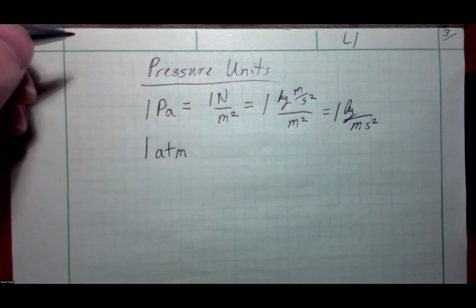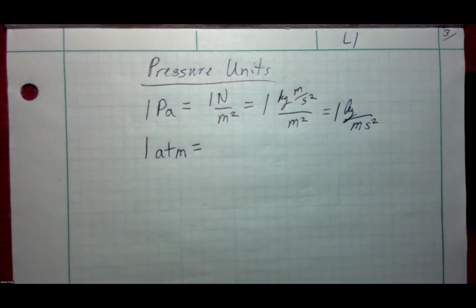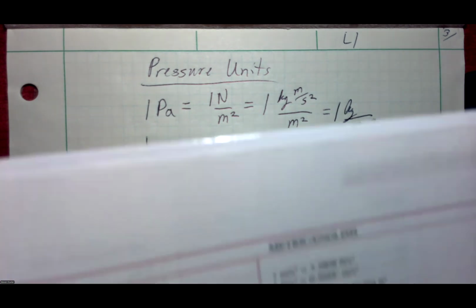1 atmosphere, which is the amount of pressure exerted upon us by Earth's atmosphere at sea level. If you look on the inside cover of your thermodynamics textbook, you should find conversion factors, and down here is pressure.